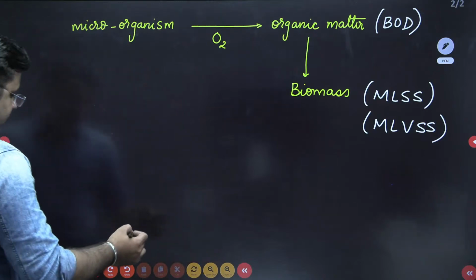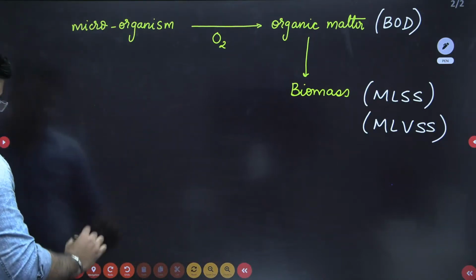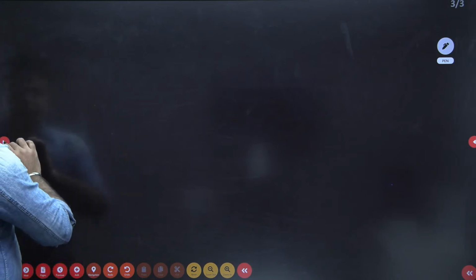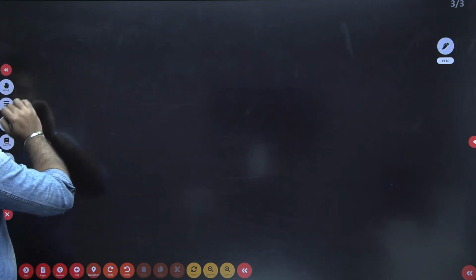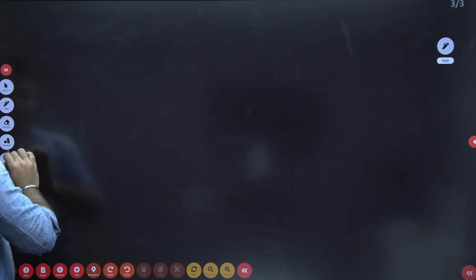So while discussing biochemical oxygen demand, we have seen this curve. If this is my organic matter in the system, let me draw this curve again.